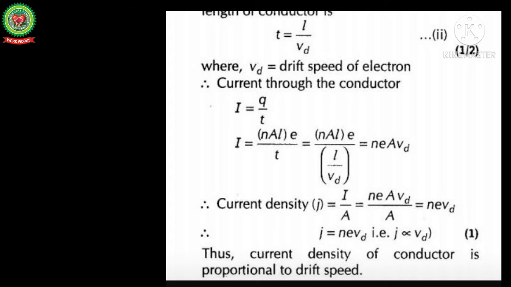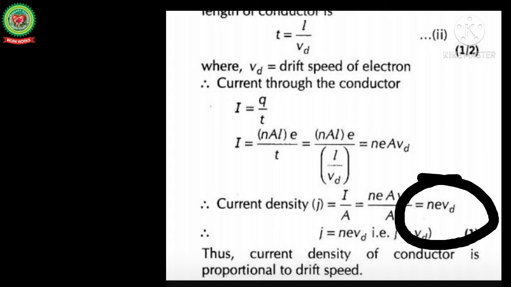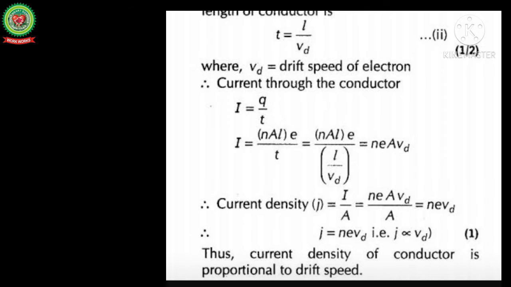Now students, you all know the current density is given by I over A. On putting the value of I, that is neAVd, and dividing by A, we will get neVd. Therefore, J equal to neVd, that is the current density is given by the relation J equal to neVd.